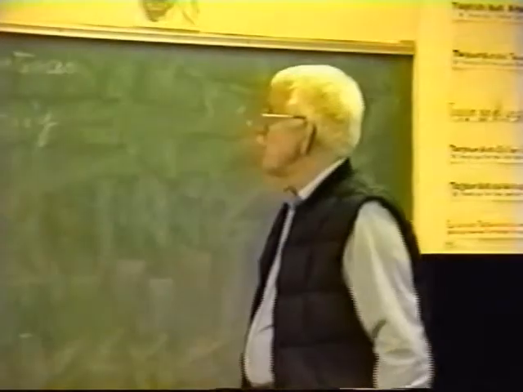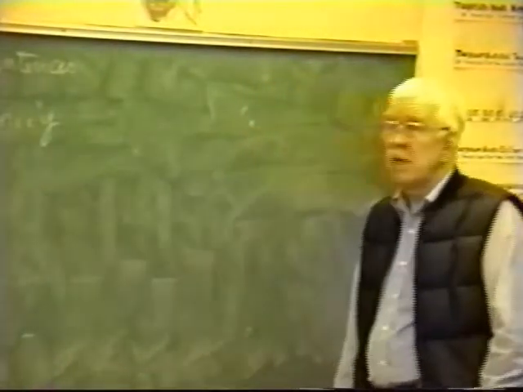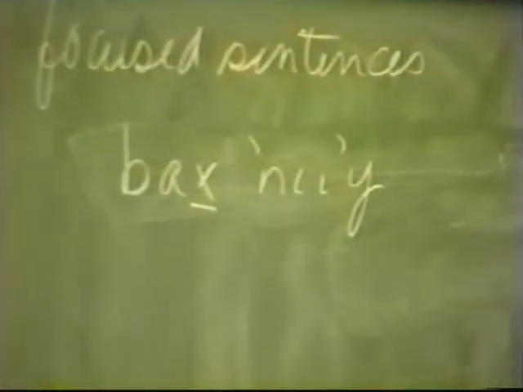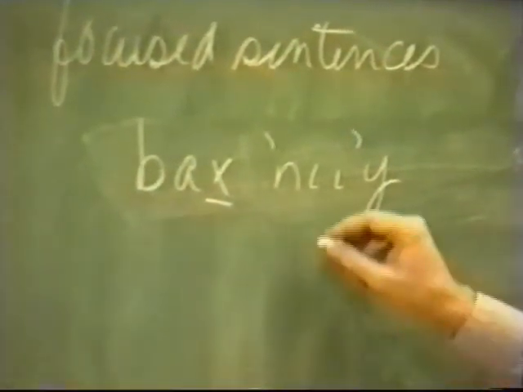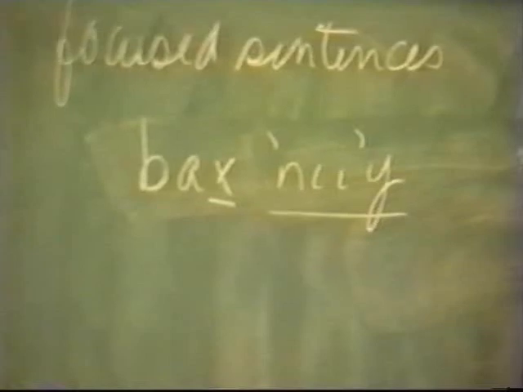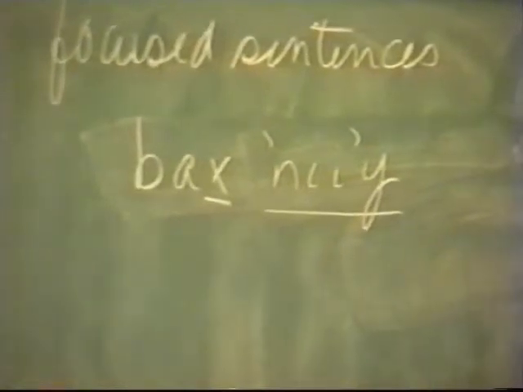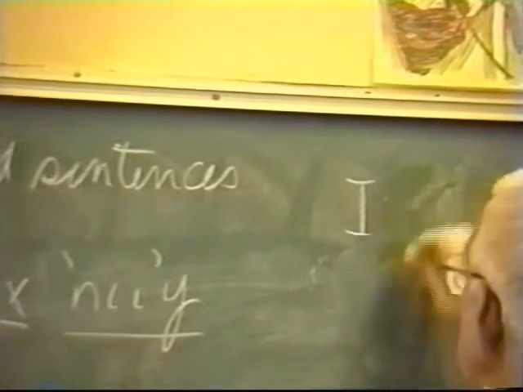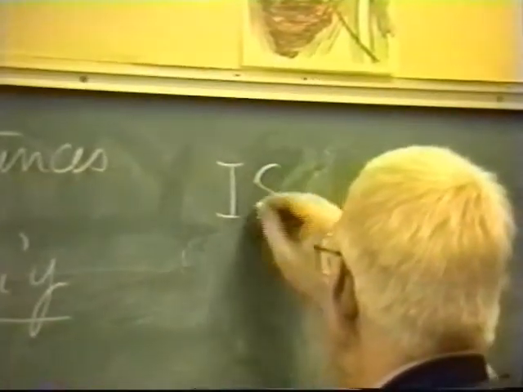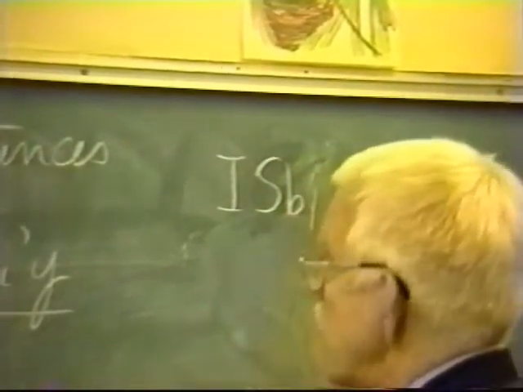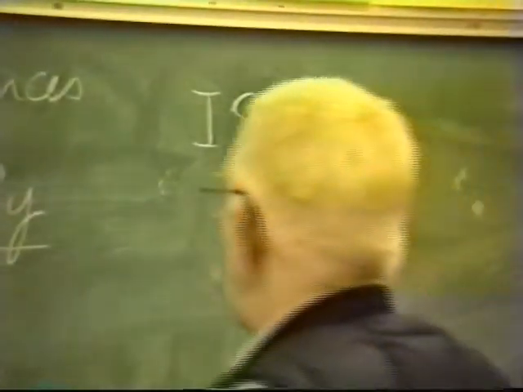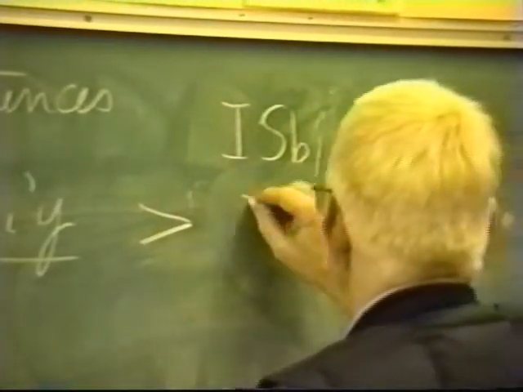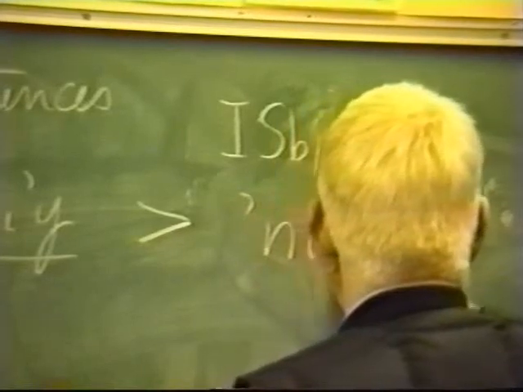But if we take just a simple sentence like Bach ni'i, "I ran," and I want to focus the ni'i right here, and it is an intransitive subject. Bach is an intransitive verb, so ni'i is a series 3 pronoun, the intransitive subject. And I want to focus it, so I put it at the beginning.